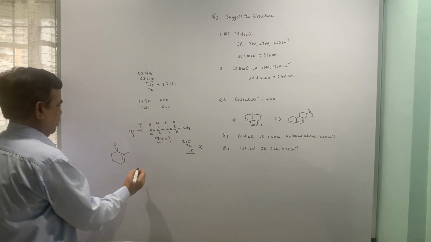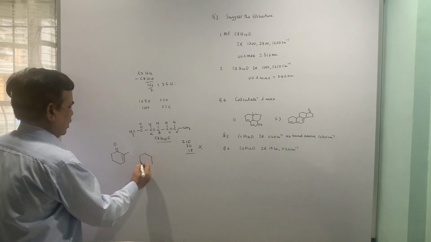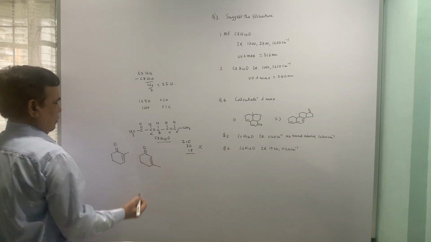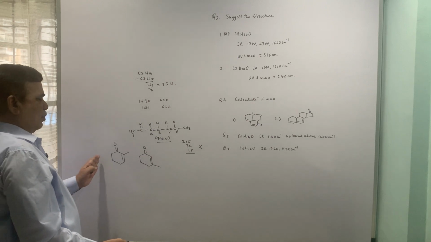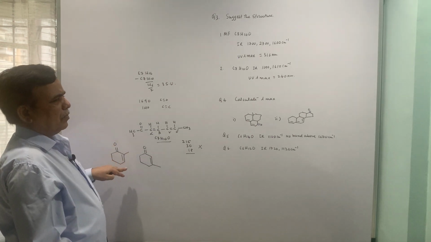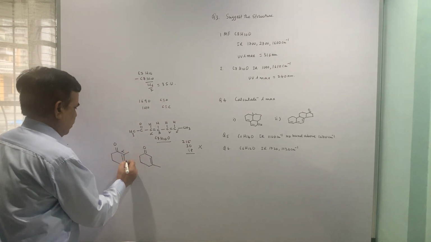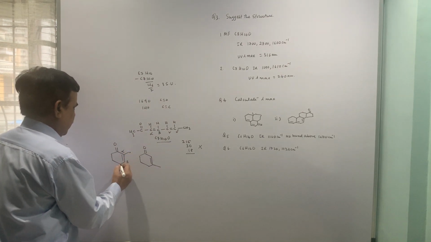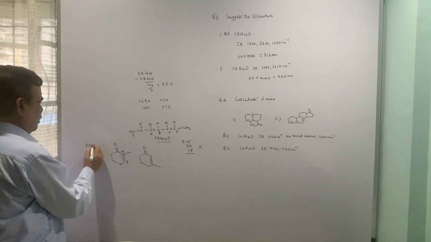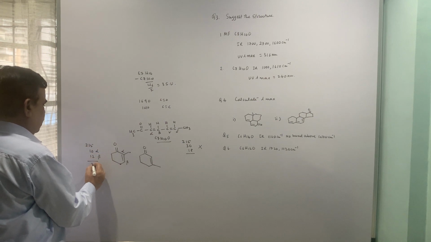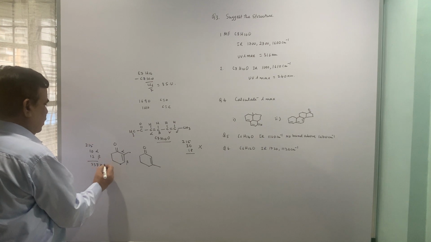So we can think of another alternative wherein you can use a ring. Now I can put methyl here, or the second option is I can put methyl here. Both compounds have the same molecular formula, alpha beta, alpha 1 beta 1. So 215 plus alpha plus beta gives 237 nanometers.